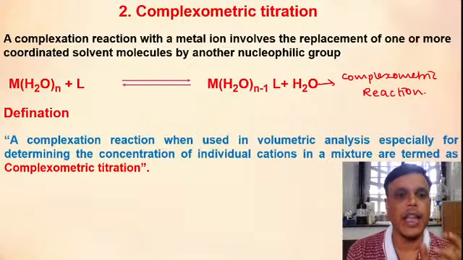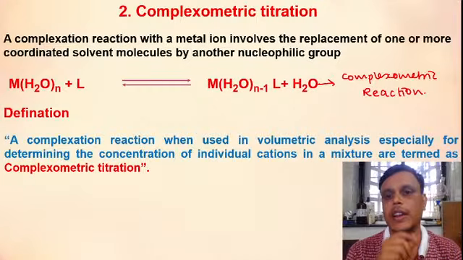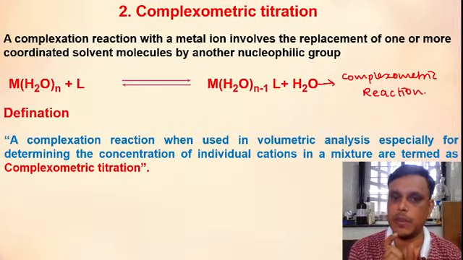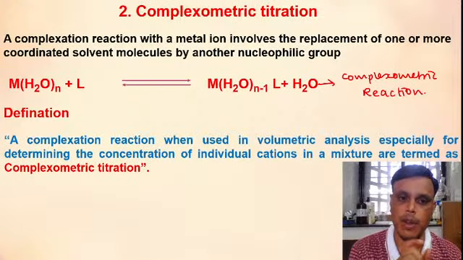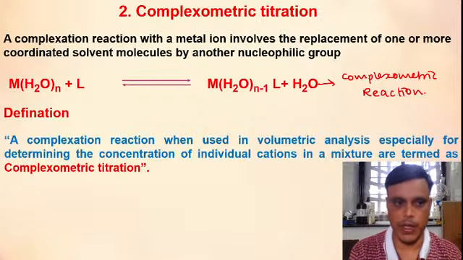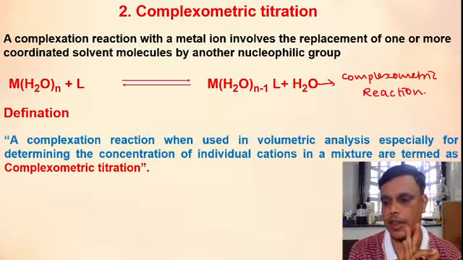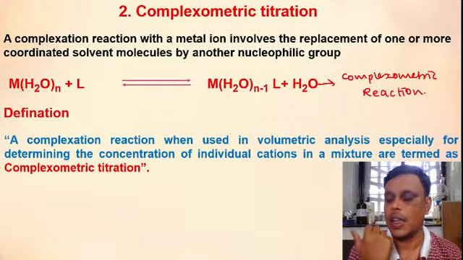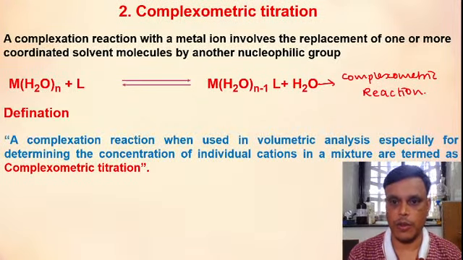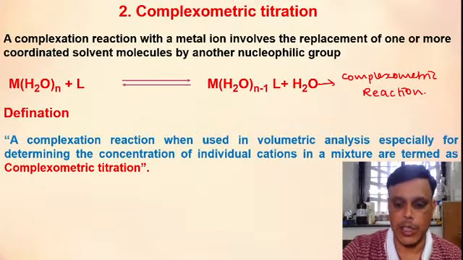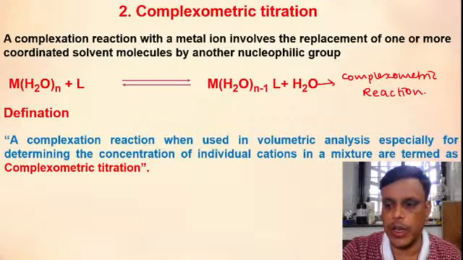You have to titrate that mixture with EDTA. EDTA is used specifically for calcium and magnesium cations. Please remember this. So this is the complexometric titration. We have seen the introduction, reaction, and definition of complexometric titration. Then we will go to the next point.